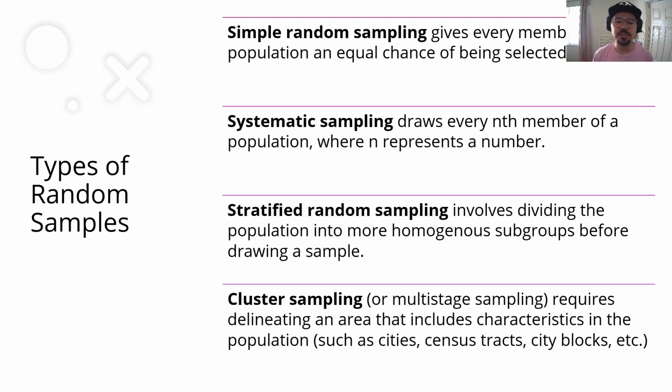And then finally, cluster sampling or multi-stage sampling requires delineating an area that includes characteristics in the population. When I was discussing this type of sampling in another behavioral statistics course, someone asked, well, what does that mean? If I wanted to conduct research on the Inland Empire, can I only sample Hemet and then I've engaged in cluster sampling?